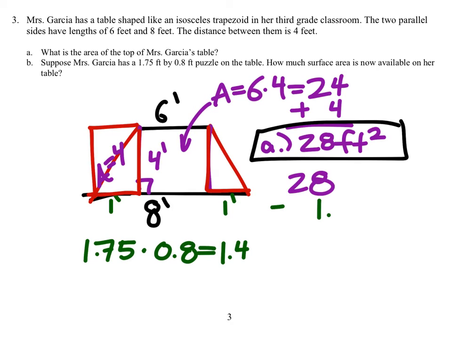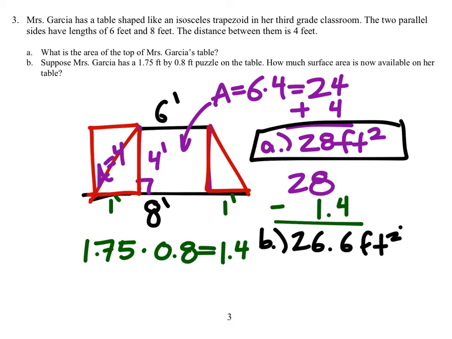So we're going to subtract that from 28, and that gives us the area of the rest of the table with the puzzle on top of it. So that's 26.6 square feet with the puzzle on top of the table.